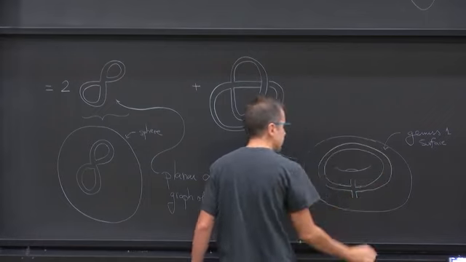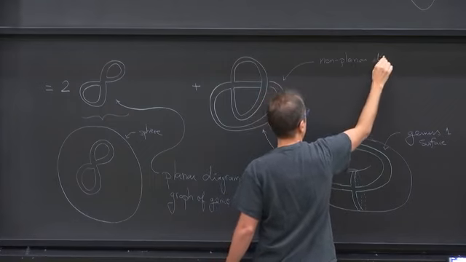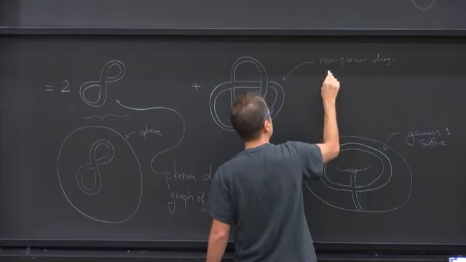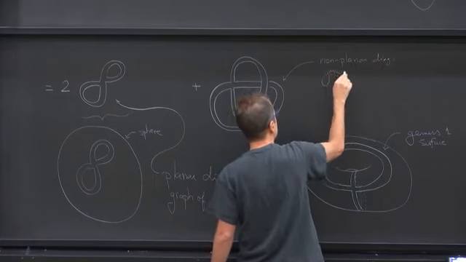Right? But now you can indeed connect them without going over by just going around and connecting like this. And this diagram is therefore called, whereas this is a planar diagram, this is a non-planar diagram. In this particular case, it is a genus 1 diagram, meaning that it's a diagram that can be drawn on a surface of genus 1.